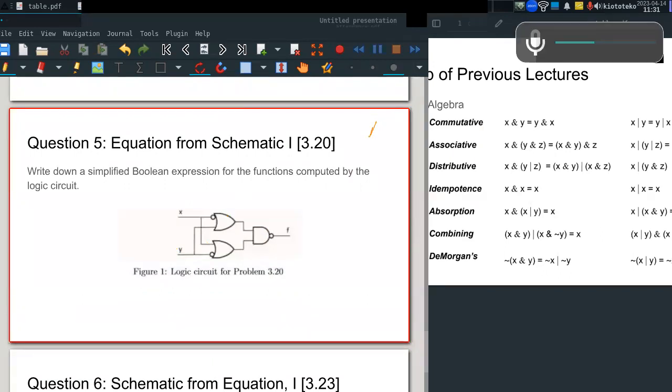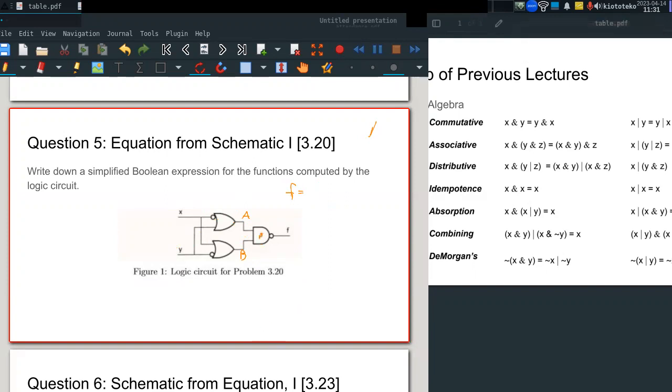We can say these are intermediate signals A and B. We have X, Y, and F, no? So F, with respect to A and B, what is it? What is this gate that is here? Anyone knows which one is this?